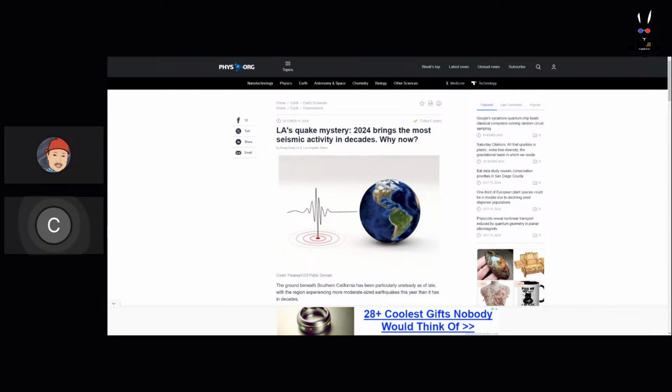The ground beneath Southern California has been particularly unsteady as of late, with the region experiencing more moderate-sized earthquakes this year than it has in decades. What precisely is fueling the sequence of shakers is not entirely clear, and officials warn that prior seismic activity does not necessarily mean more powerful tremblers are imminent. But the series of modest shakers have many wondering what is going on.